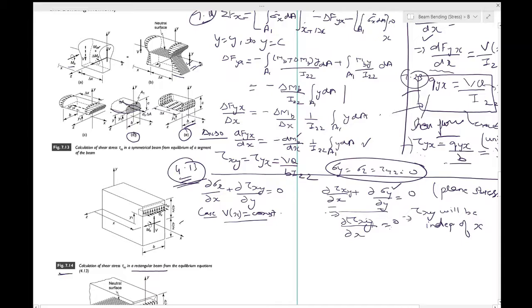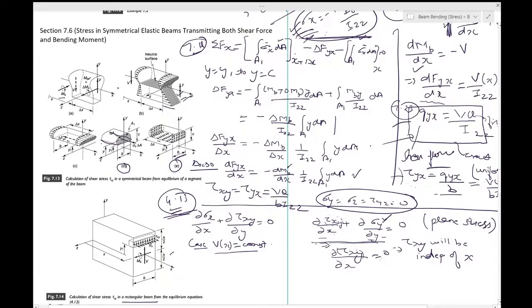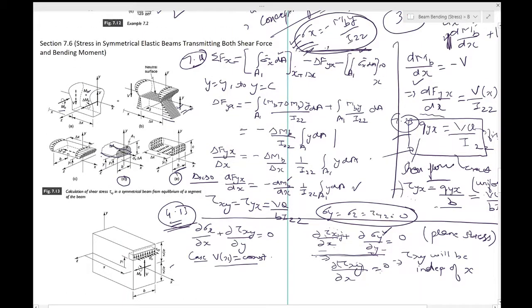So you are basically starting from the left hand side. Call this 0, this was 0, this was independent of x because V of x was independent of x, hence it is equal to 0 and equal to the RHS, and that's why they say that the second of this is satisfied. Now substitute 7.16 into this one.